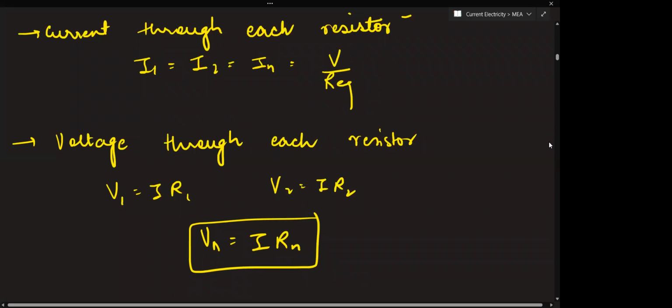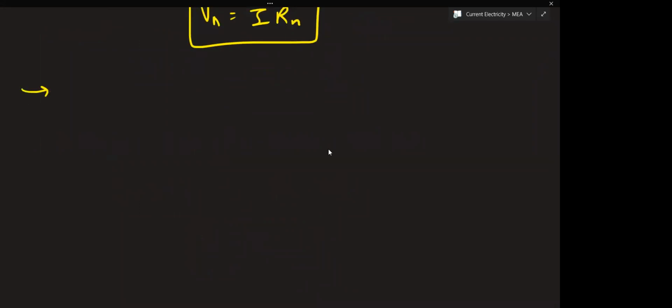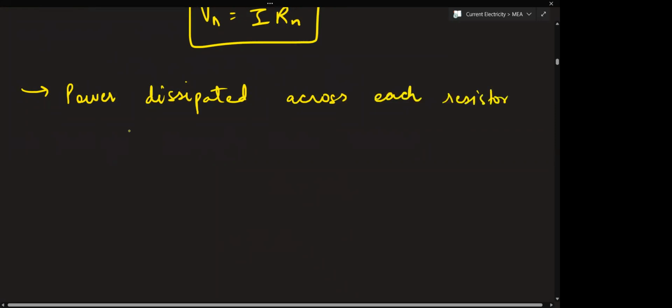Then you can also be asked to calculate the power that is dissipated across each resistor. See, P is equal to I square R. The relation between power, current, and resistance.